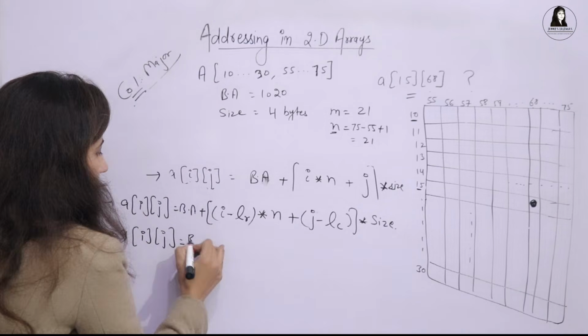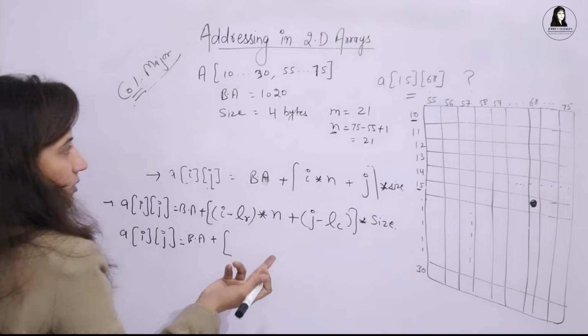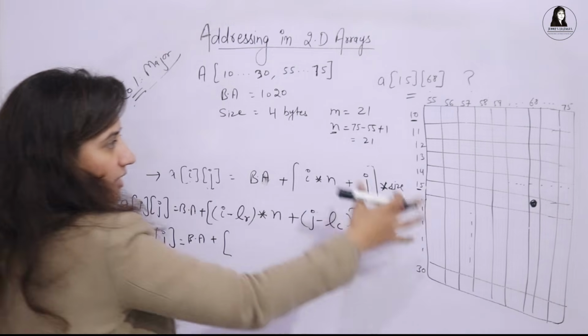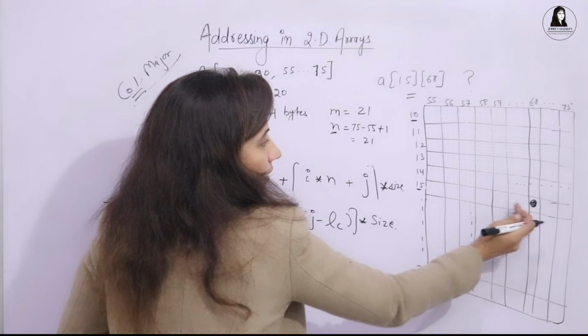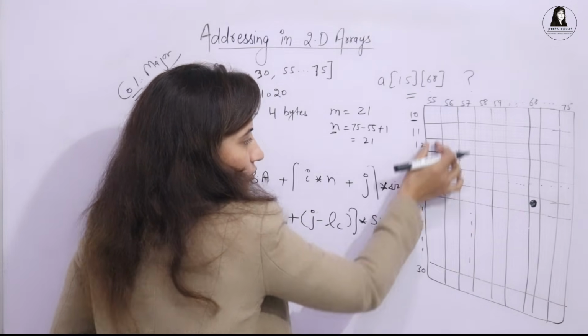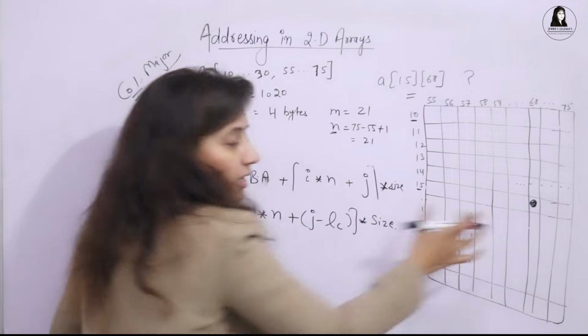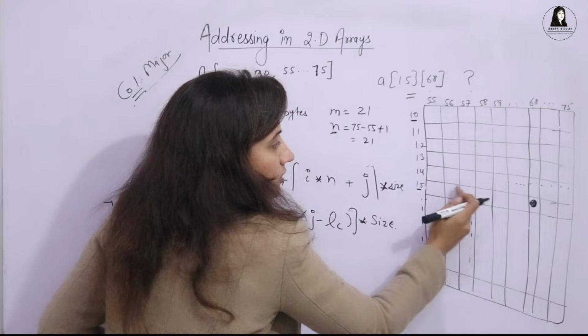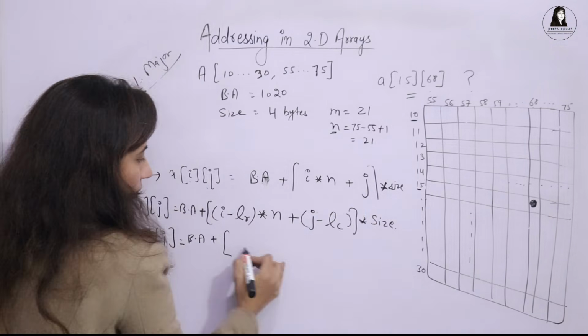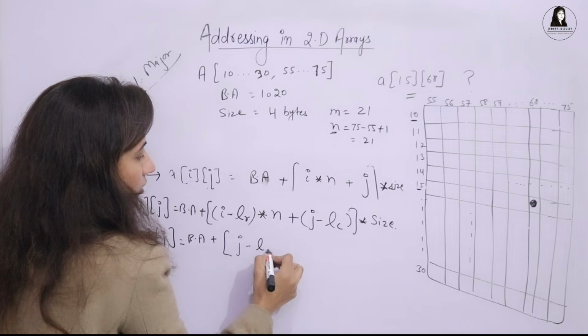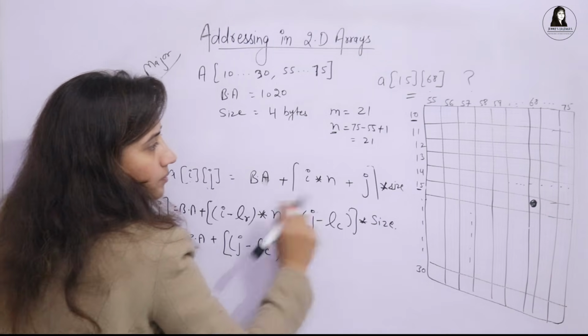Now, see, obviously the base address plus, for column major, if you are representing this in column major, how do we calculate how many elements are before this element? Because first we will store this column, then second, then third, fourth, like this. So how many columns are before this? Whatever the j value is given, j minus lower limit, right?